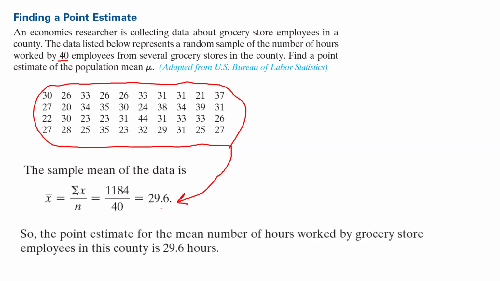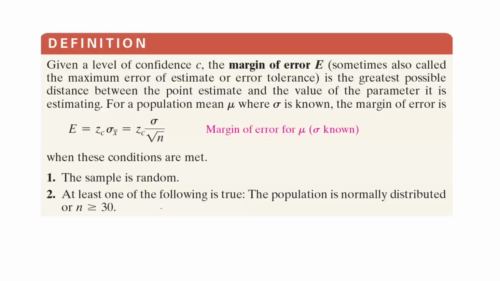In the next step, we're going to calculate E, or the margin of error. Given a level of confidence C, the margin of error E, which is sometimes called the maximum error of estimate or error tolerance, is the greatest possible distance between the point estimate and the value of the parameter it is estimating.